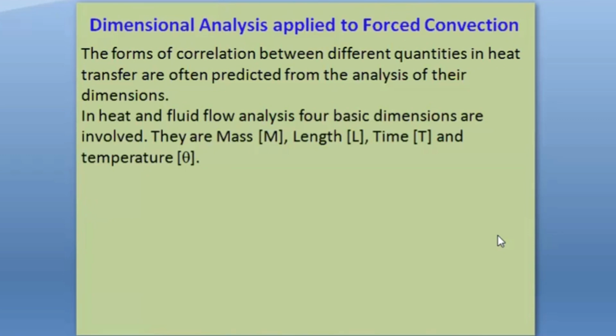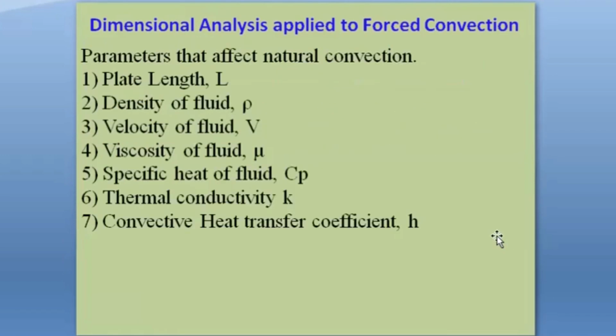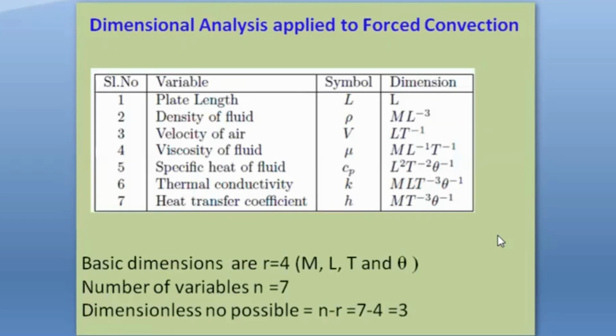Now, as I discussed, how do we arrive at these dimensionless parameters? It is because of dimensional analysis. If you do dimensional analysis, see which parameters are affecting forced convection, and using the Buckingham Pi theorem, if the basic variables are 7 and the basic dimensions, that is mass, length, time and temperature, are 4, we can get how many dimensionless parameters? 7 minus 4, that is 3.